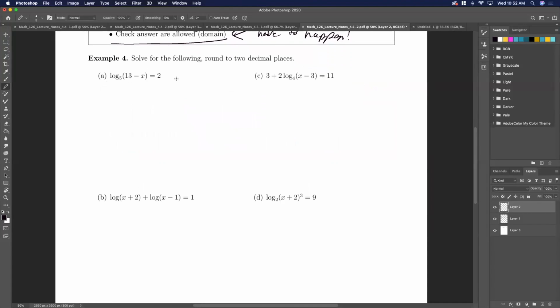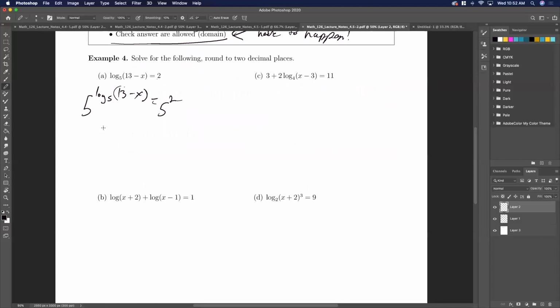All right, so here, if I have log base 5 of 13 minus x equals 2, the first thing I want to do is exponentiate both sides. So I'm going to say 5 to the log base 5 of 13 minus x equals 5 raised to the second power.